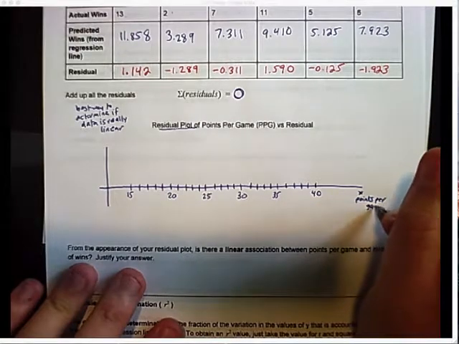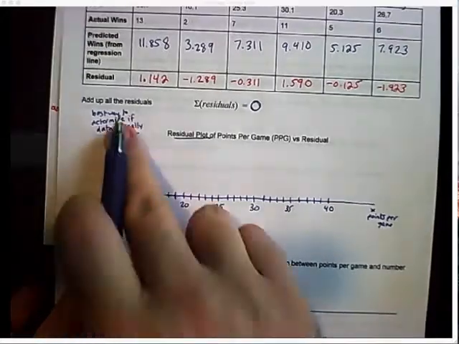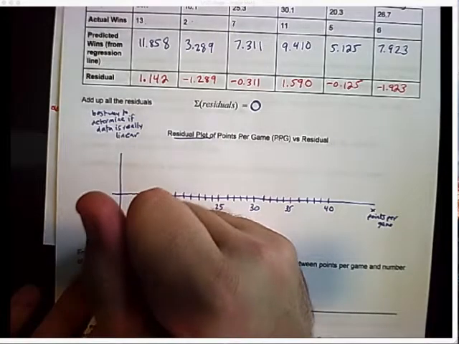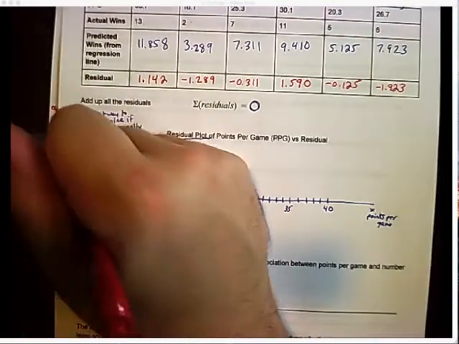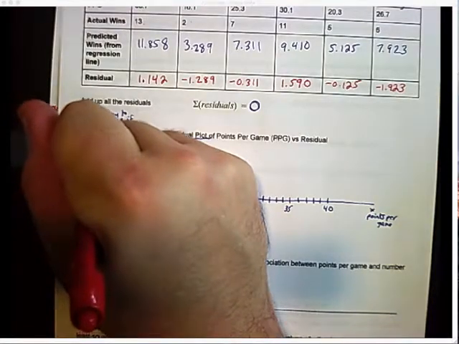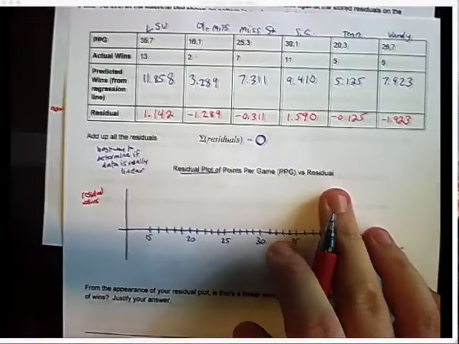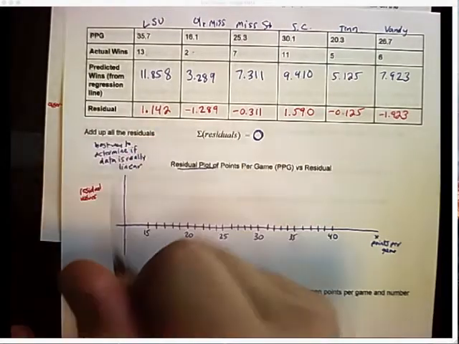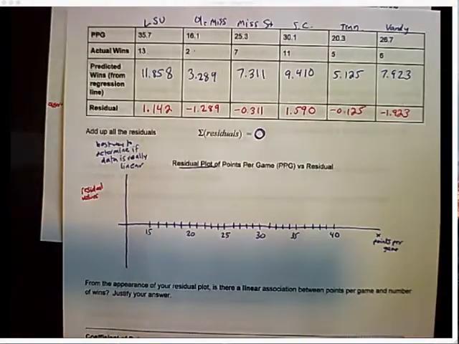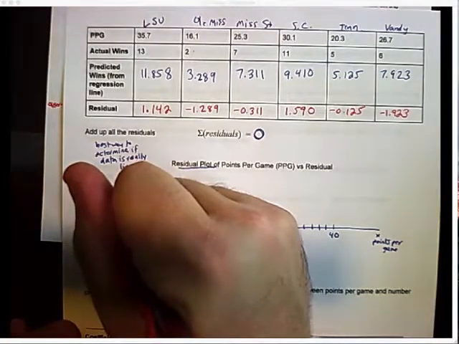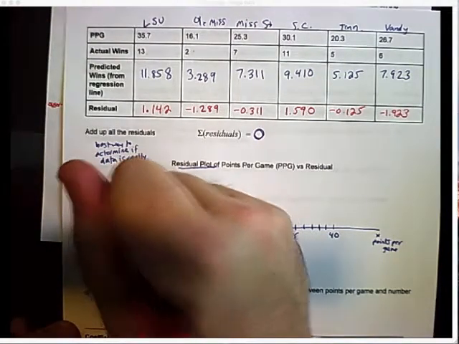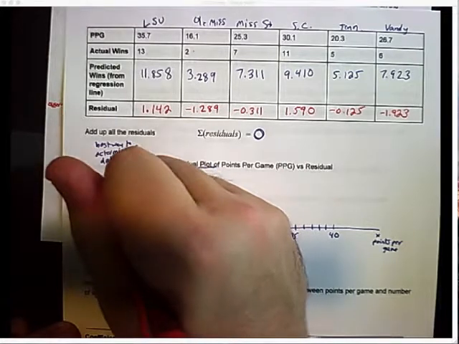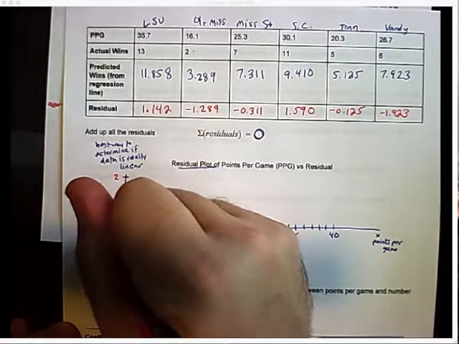But since this is called a residual plot, instead of putting wins up and down the y-axis, we're actually going to put the residual values. Looking at some of the residual values, some of them go up to about 2. Some of them go down to about -2. So I can put +1 there, +2 there, and I can subdivide it a little bit more.